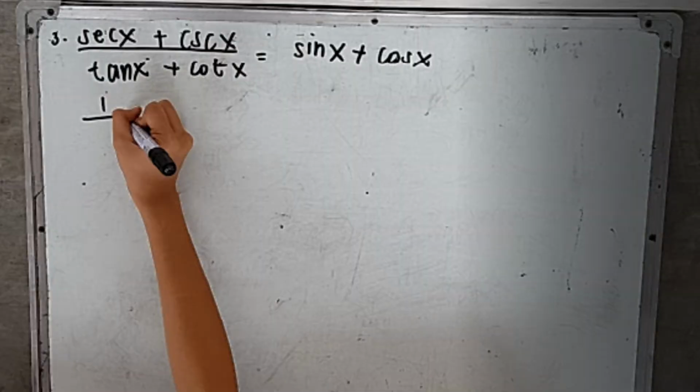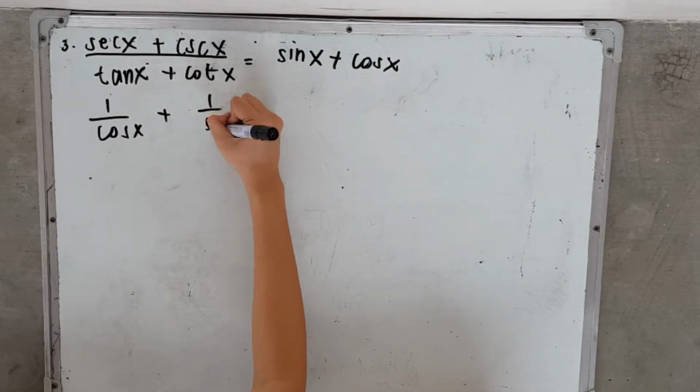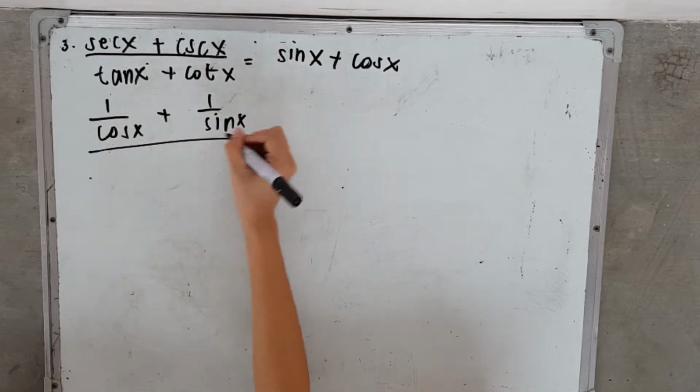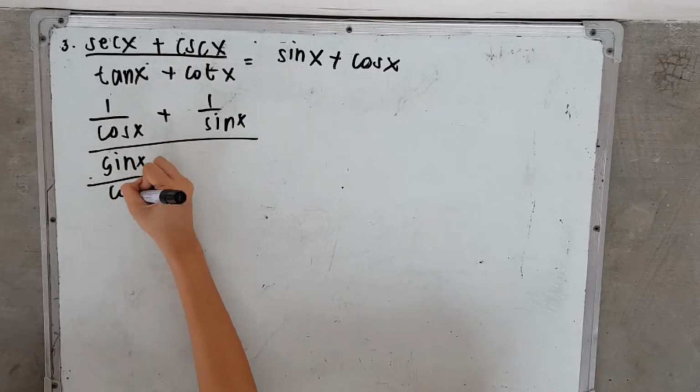The given is secant x plus cosecant x over tangent x plus cotangent x equals sin x plus cosine x. We will verify the left side. Using the reciprocal identity on the numerator, secant x is 1 over cosine x and cosecant x is 1 over sin x. On the other hand, we will use the ratio identity on the denominator.